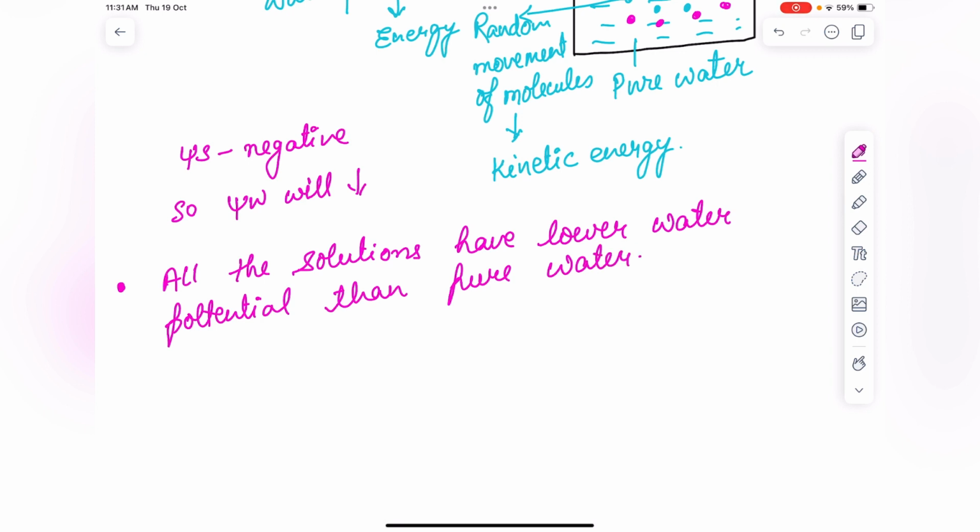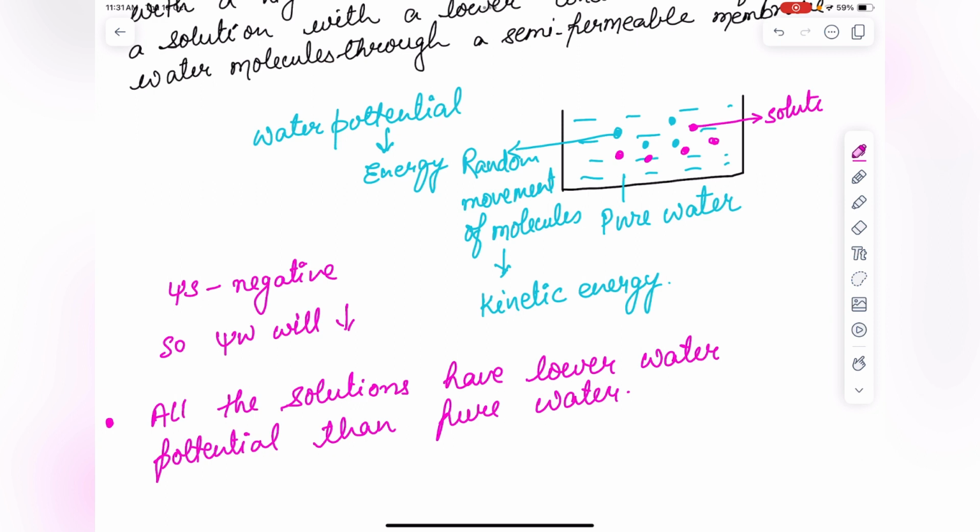Next, when a pressure greater than atmospheric pressure is applied to pure water or a solution, what will happen? The water potential will increase when the pressure potential is applied.